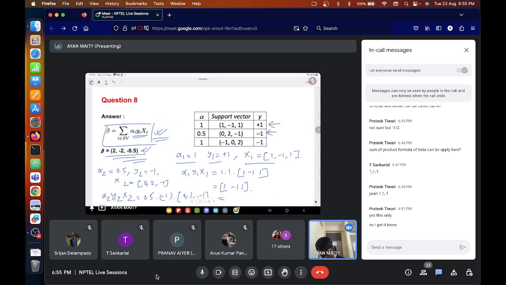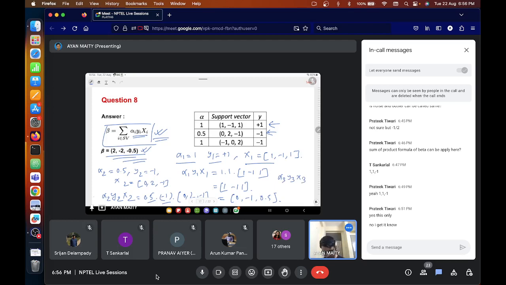The first component is 0, so whatever you multiply with it would be 0. The second component would be half times minus 1 times 2, so minus 1. The third component is 0.5 times minus 1 times 1, so it would be minus 0.5. Similarly you calculate alpha 3 y3 x3.